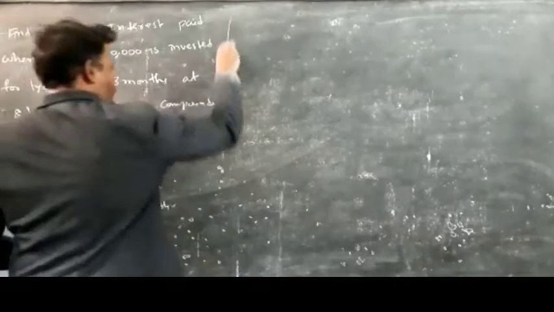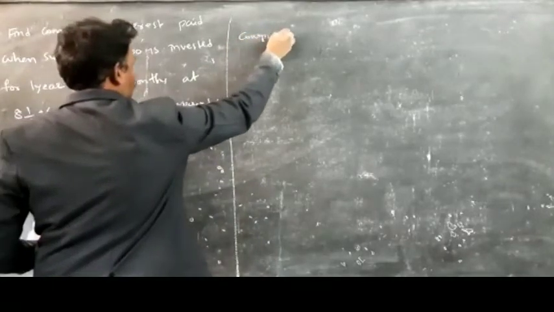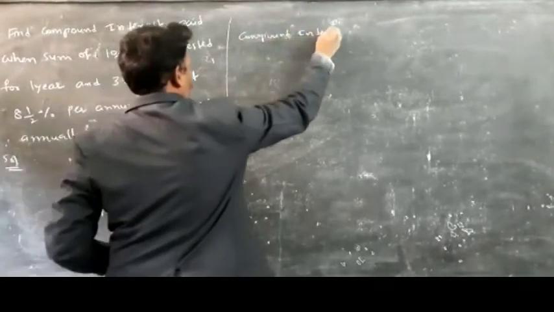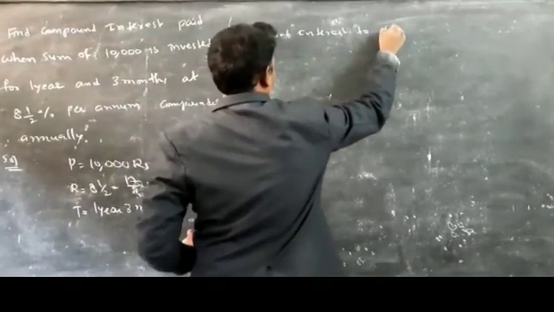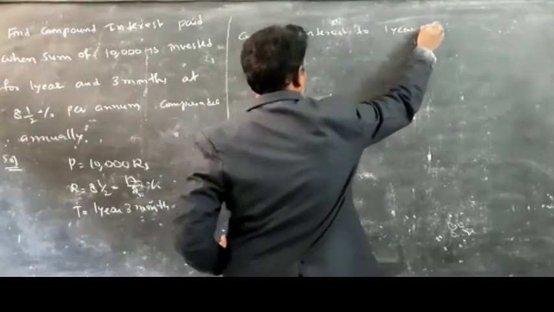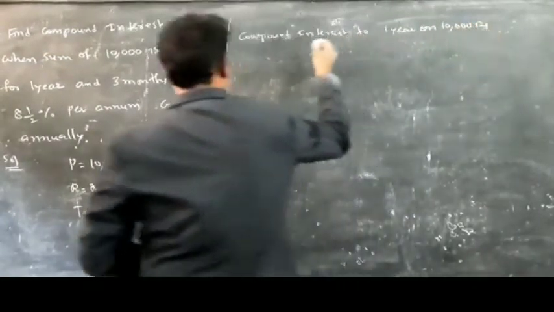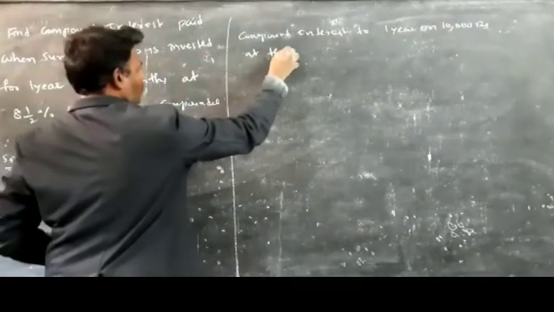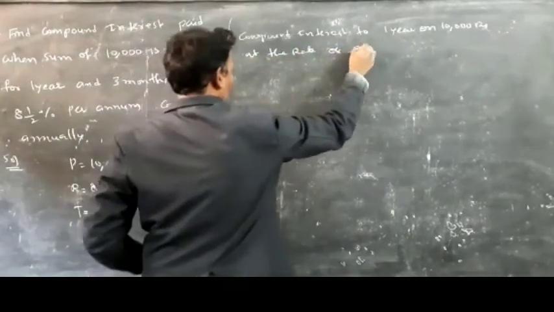See, compound interest to 1 year on 10,000 rupees at the rate of 17 by 2 percentage.